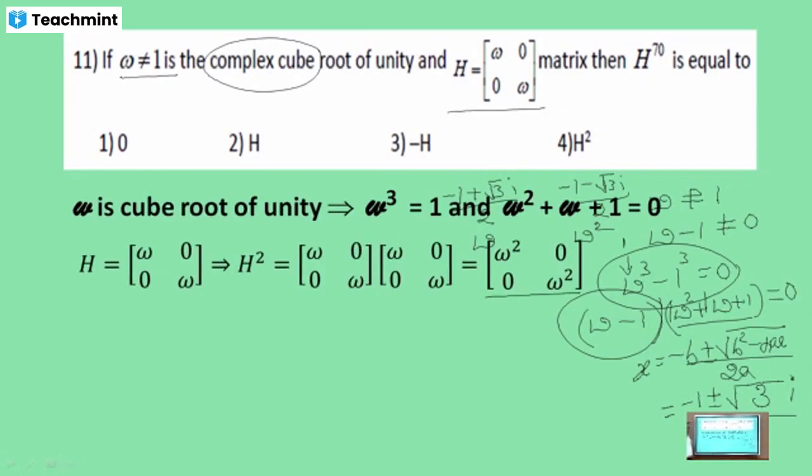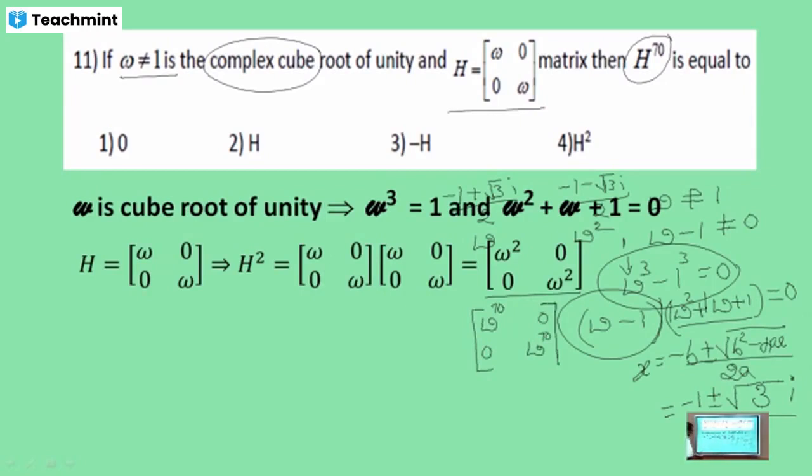You know how to multiply. Already we have solved some problems based on multiplication. When we multiplied this, omega square came. So if H square gives omega square, what should come when we take H to the power 70? In that matrix, omega to the power 70, 0, 0, omega to the power 70 should come.